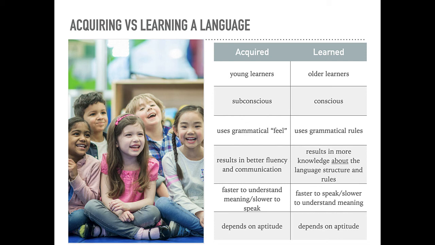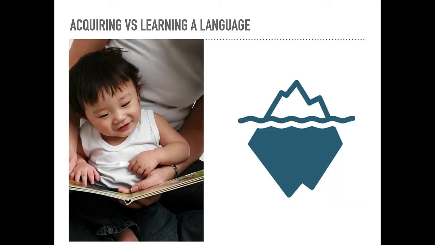The big takeaway here for parents is that acquiring language is a much quieter process than learning a language. There's a lot of underground work going on, and it can take almost 2 years before we get to really see the fruits of that labor coming out in their ability to speak. So give your child a little bit of grace as they're in the first 2 years of their language program.